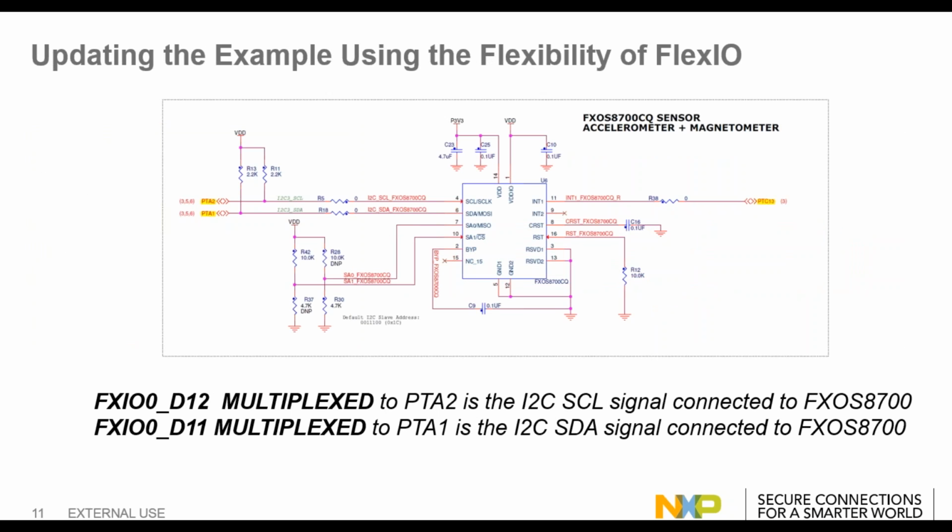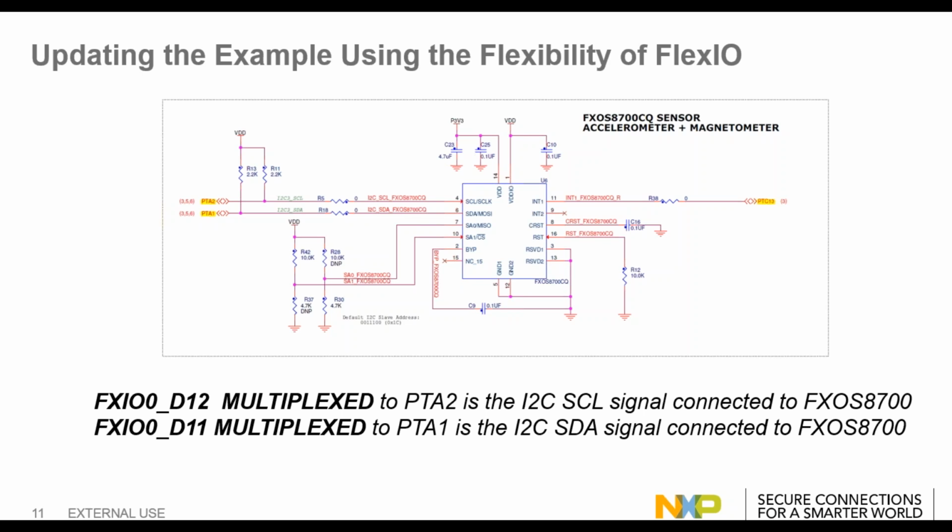But looking at that, we wanted to show some capability around the FlexIO and show some flexibility we have on the module. If you look at the schematic of the Freedom KD2F, this is an excerpt of that schematic. You will see that the accelerometer, which is shown as the IC in the middle of this diagram, is actually connected to PTA2.